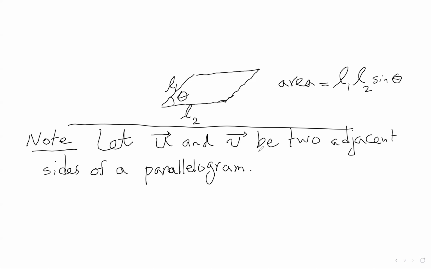Let me give the coordinates of U and V. So suppose U is the vector 1, 0, 1, and V is the vector 1, 2, -1. So these two vectors are two adjacent sides of the parallelogram.